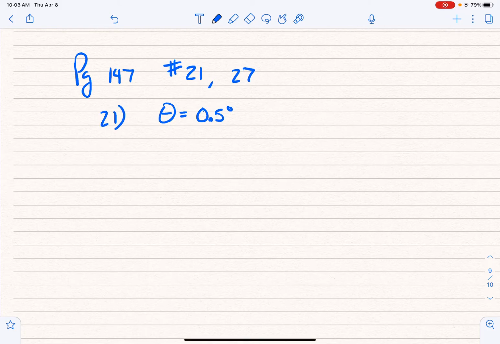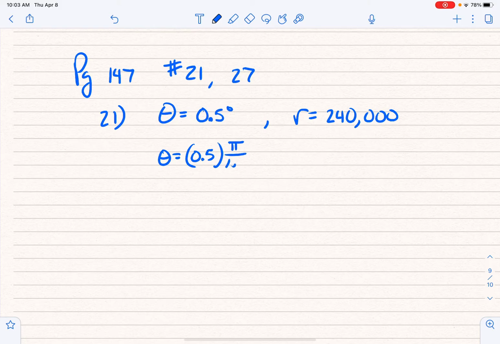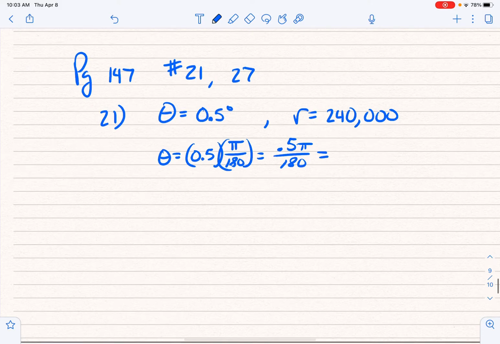And what we do know is that the distance to the moon, which in this case would be the radius, is about 240,000 miles. Well, now the first thing we've got to do is convert the 0.5 to radians. So I've got to multiply by pi over 180, which gives me 0.5 pi over 180, which is the same thing as pi over 360.